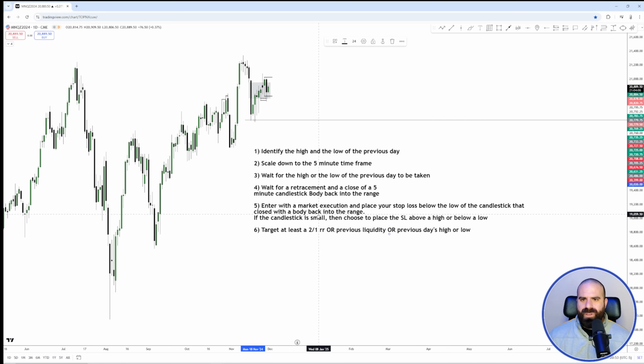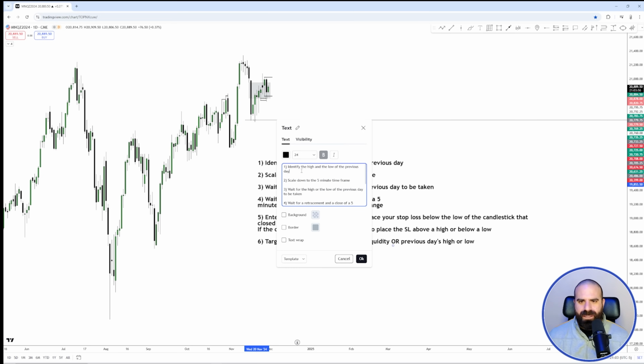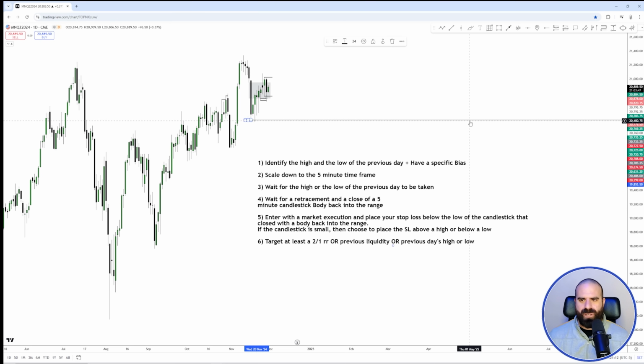And here are the rules. One more time, you can copy and paste them: identify the high and the low of the previous day. I would add to this one plus, the plus that I told you, have a specific bias, which I'm also teaching. It's not as easy as you think, but it's not as hard as you think as well.